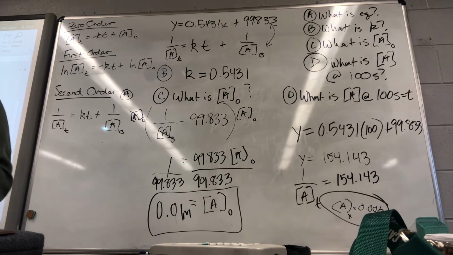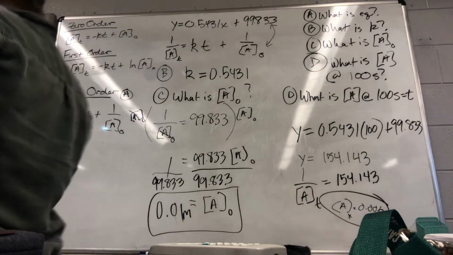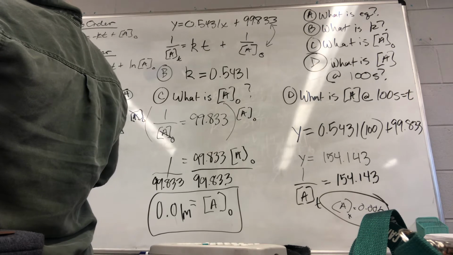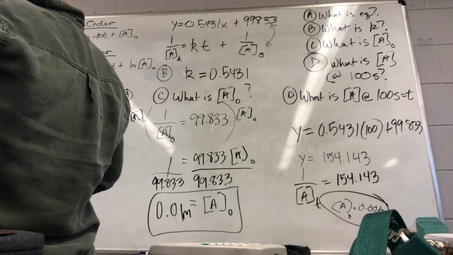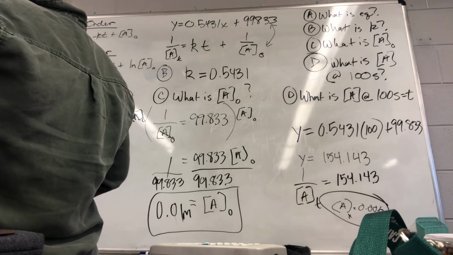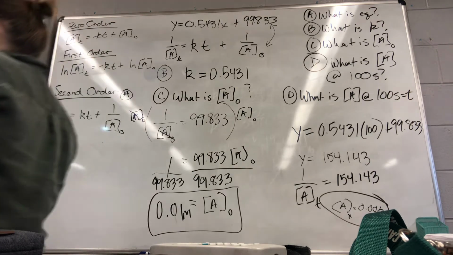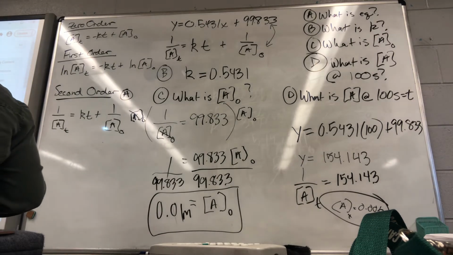Thought I saw a hand. Okay, all right, so you're going to get your data out next. Your data from last week on the integrated rate laws. On the very first page, it tells you to do a couple of things.